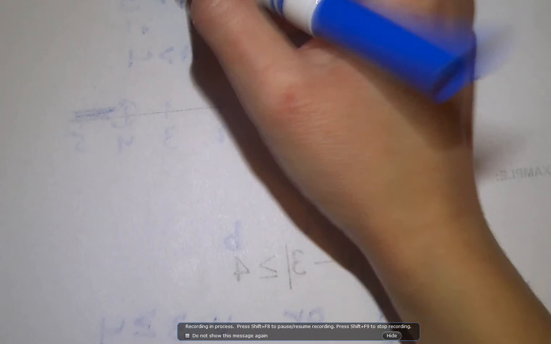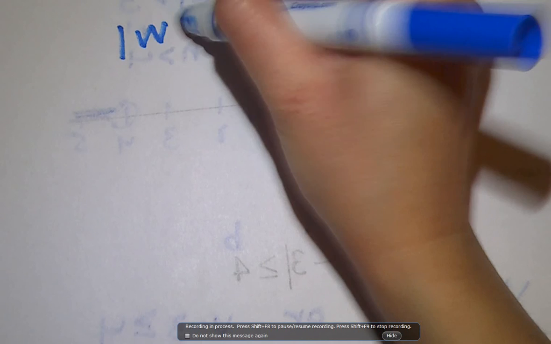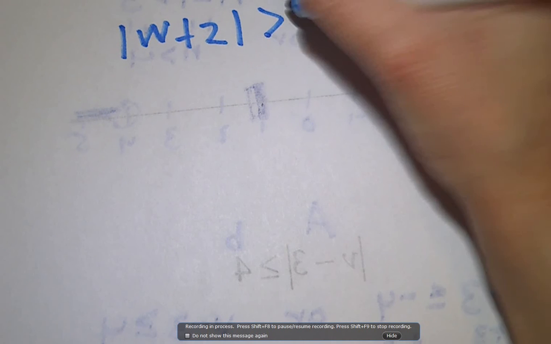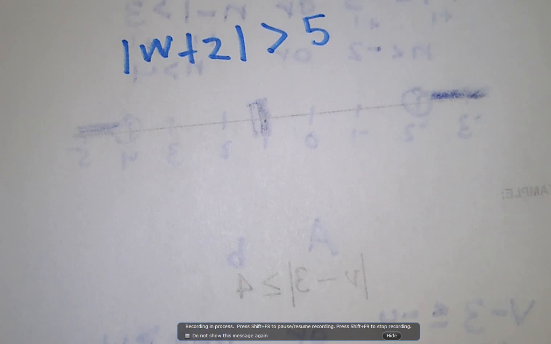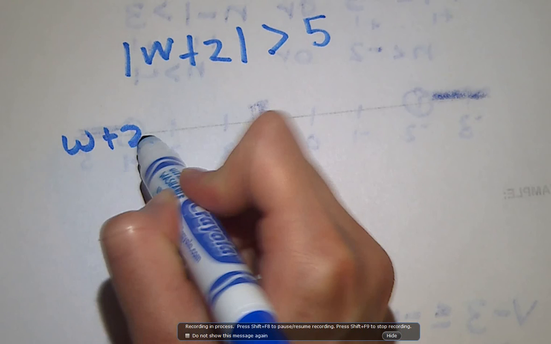Okay, so let's look at A. Watch what I'm doing and check it and see how you did. So we had the absolute value of w plus 2 is greater than 5. This is a greater than, so you're going to use the OR rule. With the OR rule, the first thing you do is write w plus 2, flip the sign, and make it negative.